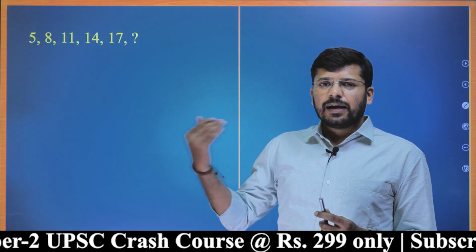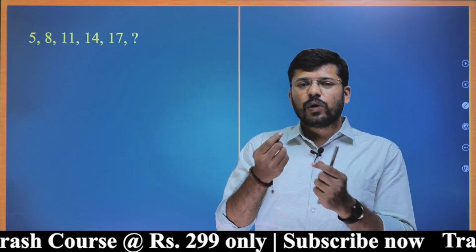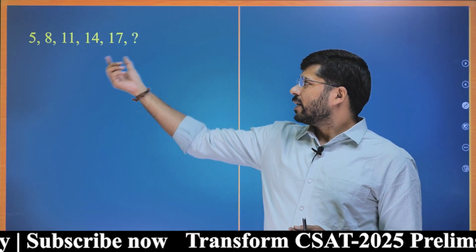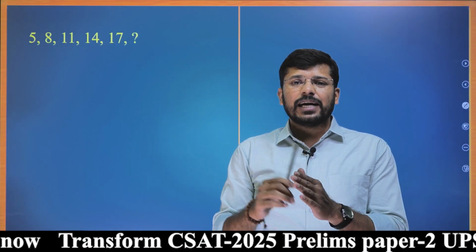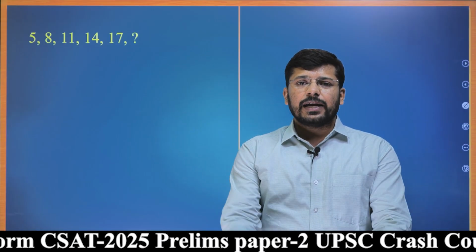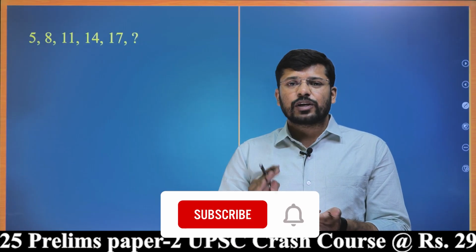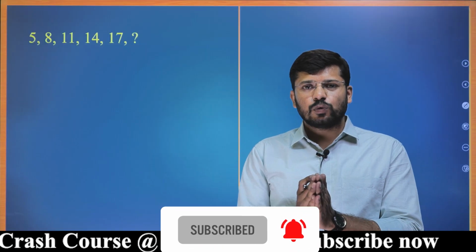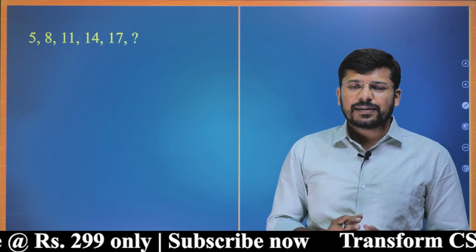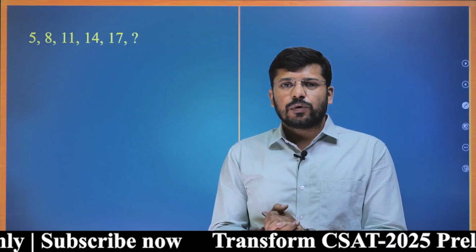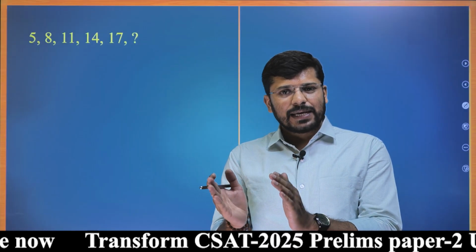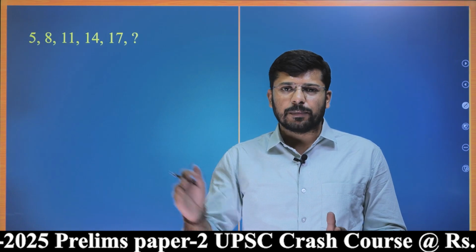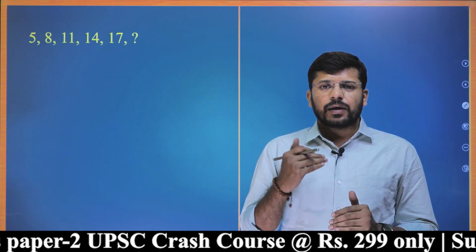But in other questions, you will be needed to find out the pattern here, and sometimes that pattern will follow squares, cubes or factorials or prime numbers. You will better understand when you solve the questions on that. Some of the series might follow that pattern of squares, cubes, factorials or prime numbers, but some series might not.